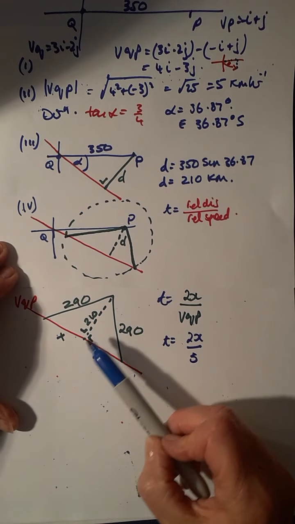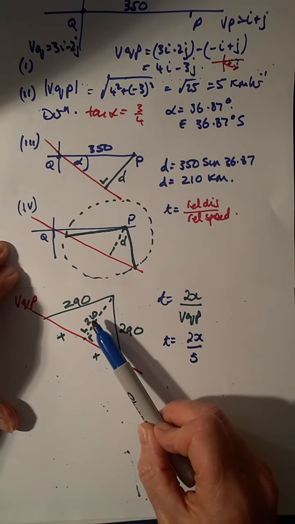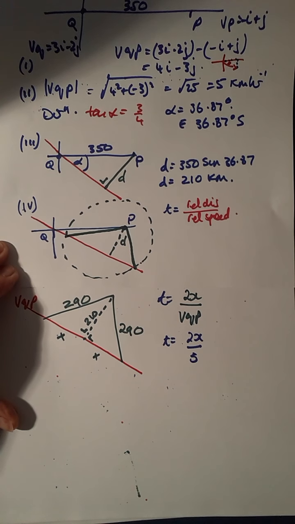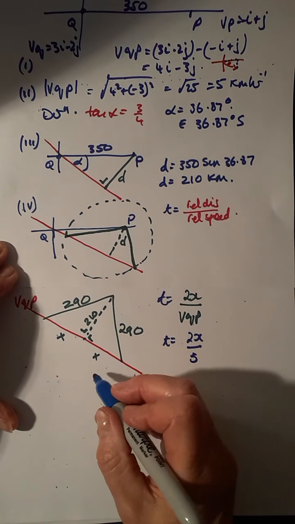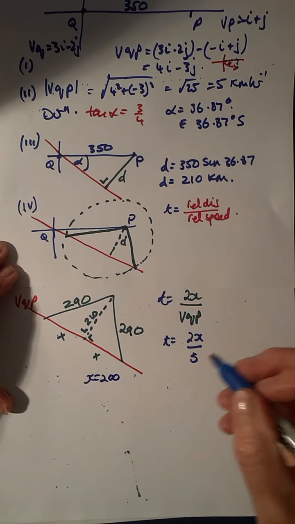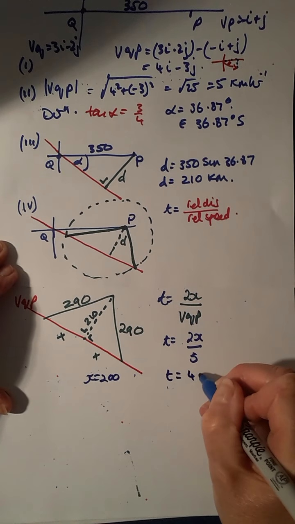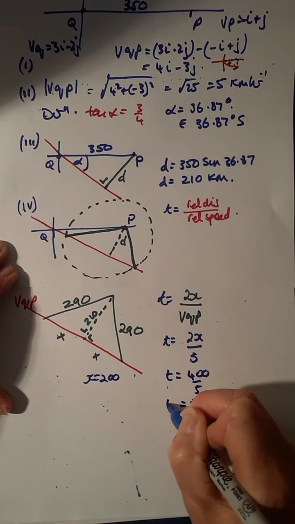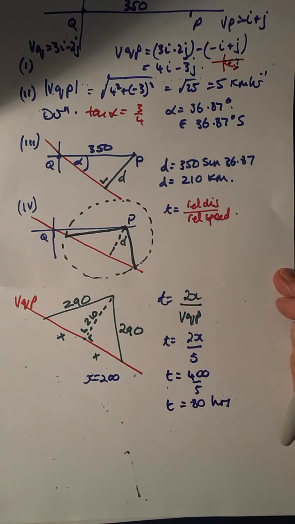So the square root of 290 squared minus 210 squared will give me x. When I put that into my calculator, I get x to be 200 using Pythagoras. So the time is equal to 400 over 5, which is 80 hours. So those two ships can communicate with each other for 80 hours.